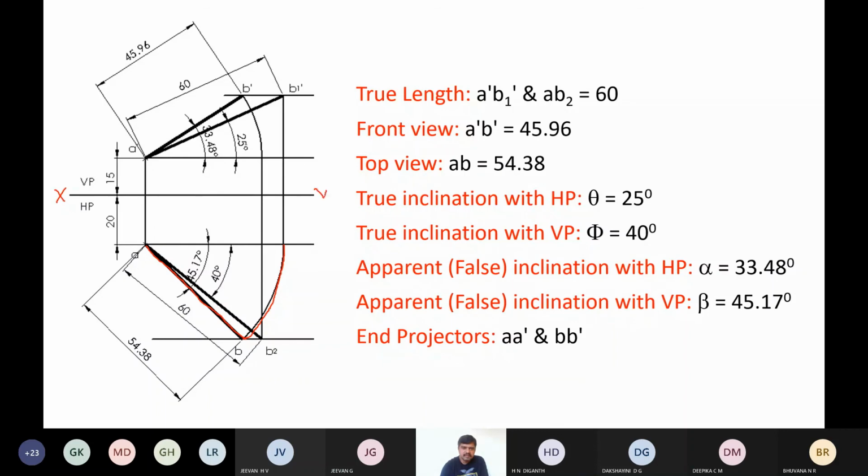XY line is nothing but it is the representation of both VP and HP. So you are making it parallel to XY, means you are rotating the top view. Now top view will be at this location. Okay, so you are making it parallel. When you make it parallel, you are able to get the true length. How? By projecting this point till locus of B, then connecting A to this, you are getting the true length.